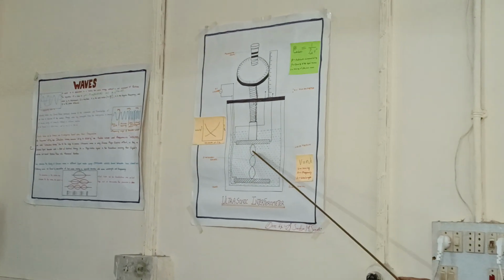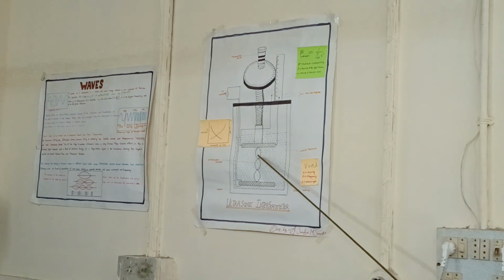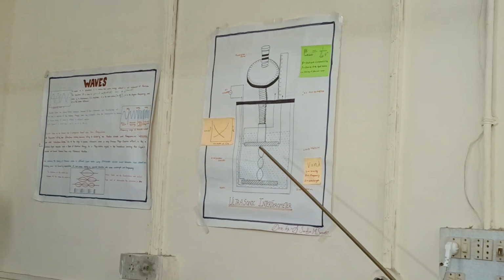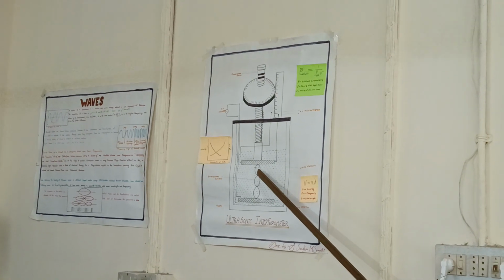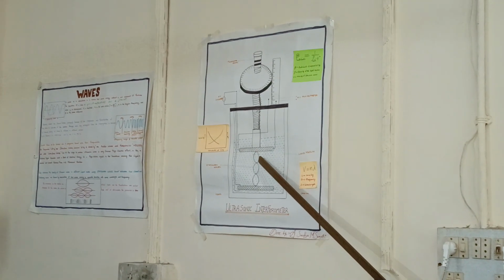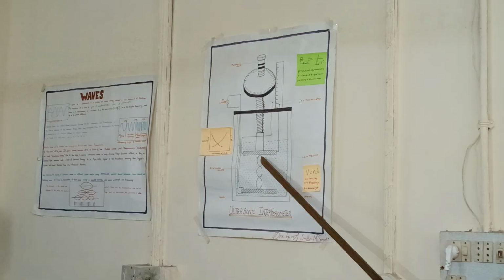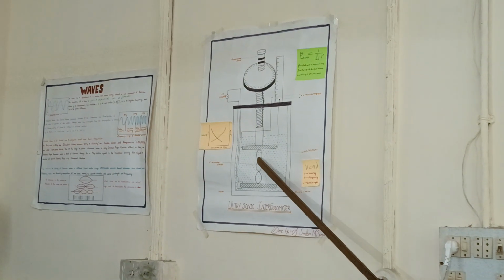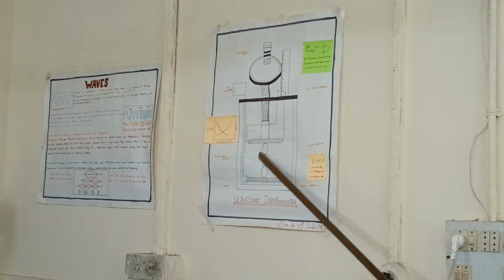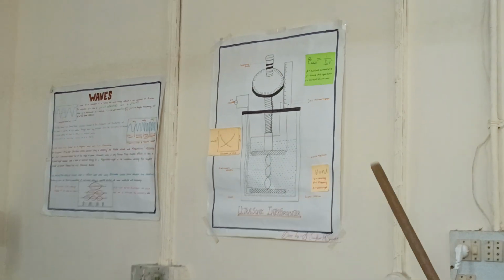So this is the wavelength. Two nodes form one wavelength. The distance between two nodes, between 1, 2, 3, this one. The distance between two antinodes or two nodes is one wavelength, right?